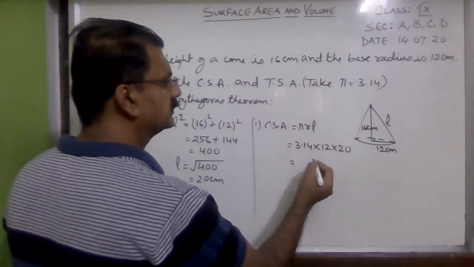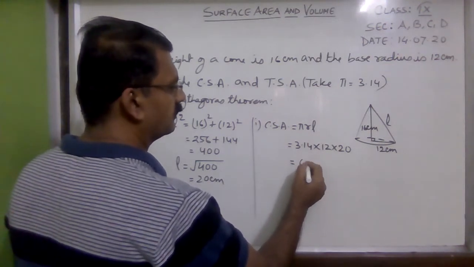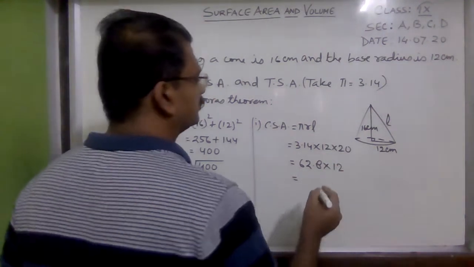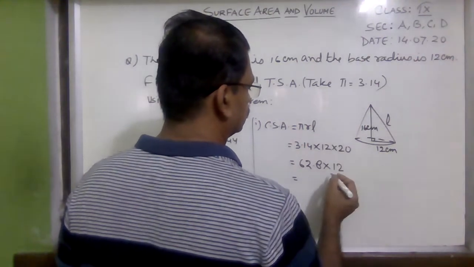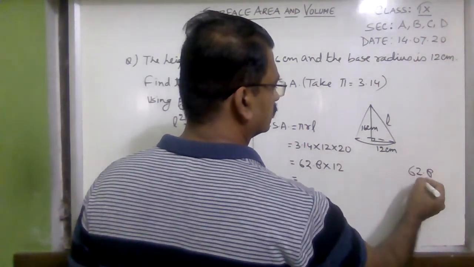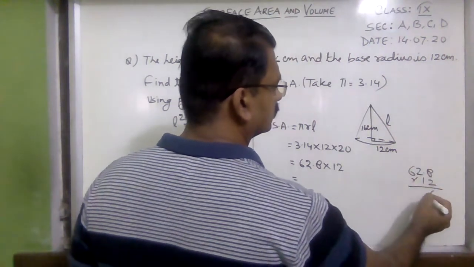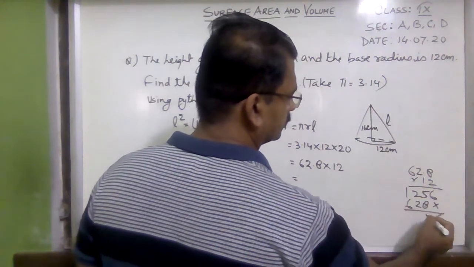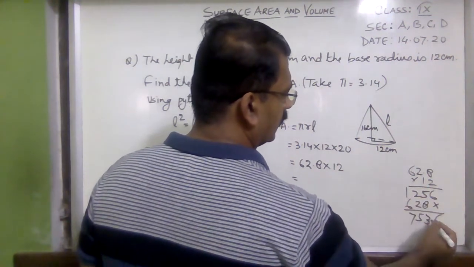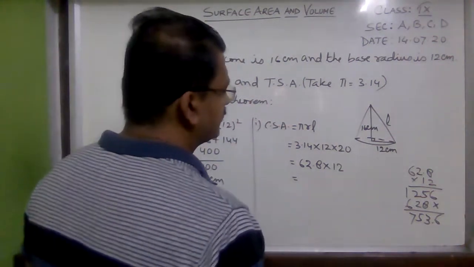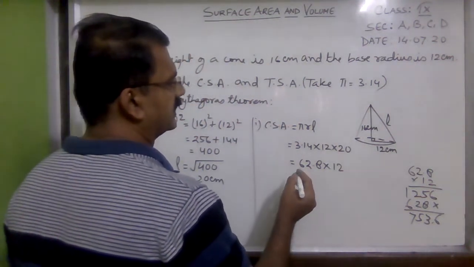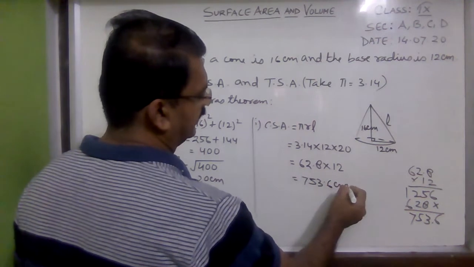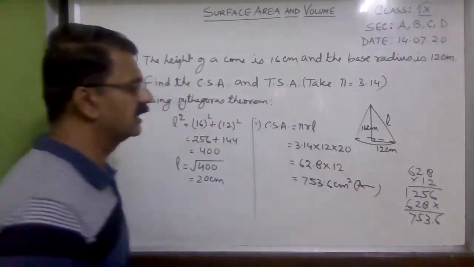So the answer will be 753.6 centimeter square, that is the curved surface area.